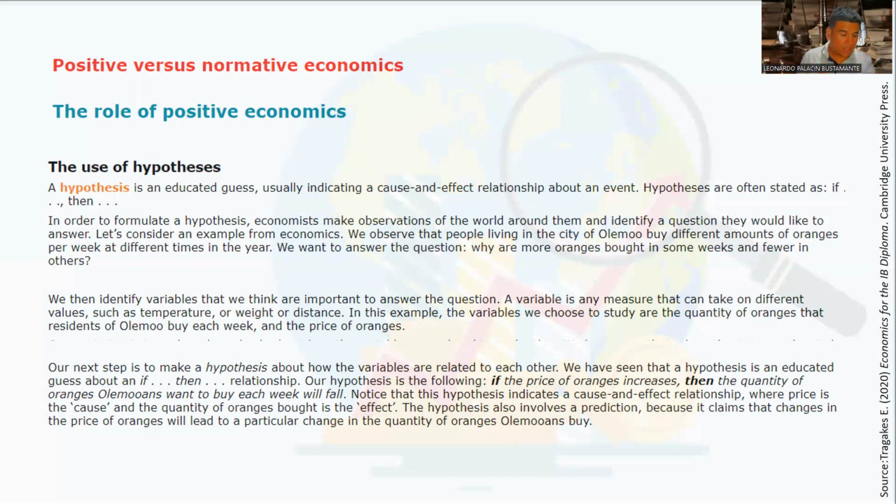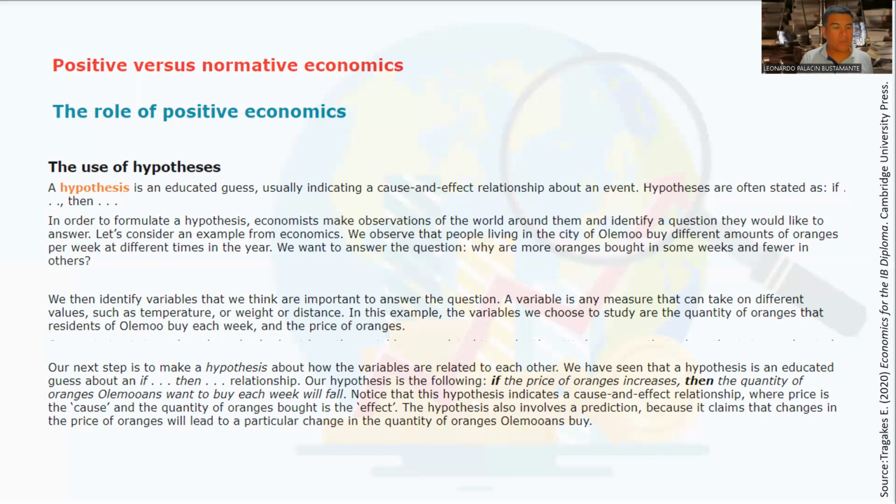A hypothesis indicates a cause and effect relationship where price, variable number one, is the cause. The quantity of oranges is the effect. So the hypothesis also involves a prediction because it claims that changes in the price of oranges will lead to a particular change in the quantity of oranges Olemonians buy.